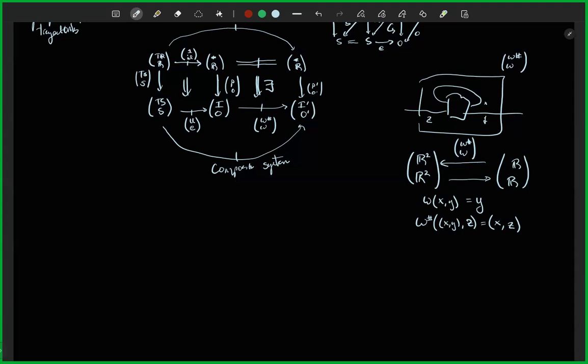Okay, so that's that. Now suppose I have a system S, with R squared.